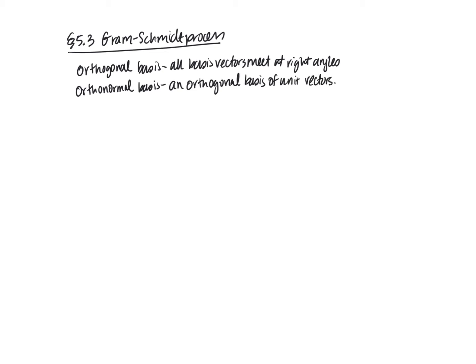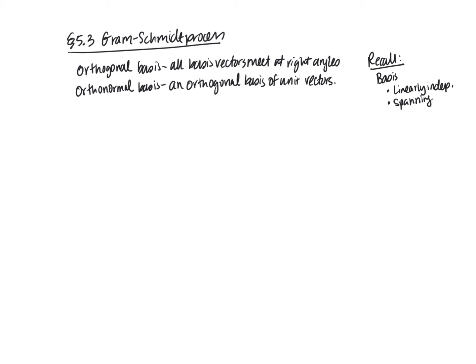We talked a little bit before about what basis meant. Remember, if we want to recall, what does a basis mean? A basis means that the vectors are linearly independent and spanning. So they span whatever subspace it is that they're spanning, the whole subspace, and they are linearly independent of one another.